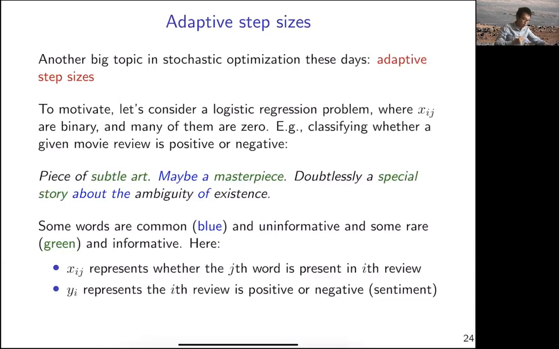So in this case, there will be a one on the coordinate indexed by subtle art. There might be something indexed by masterpiece. So each one of these will be one coordinate in this extremely high-dimensional vector representation of the paragraph. Okay.